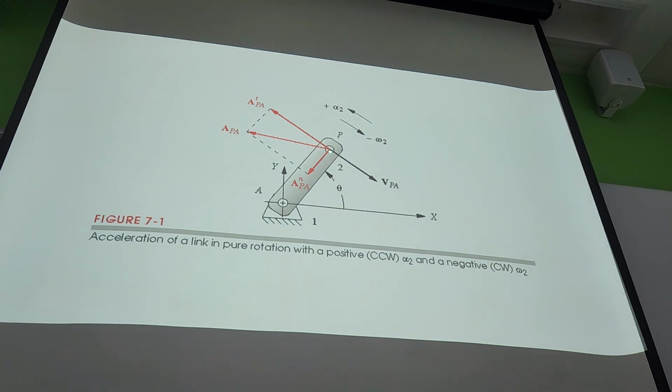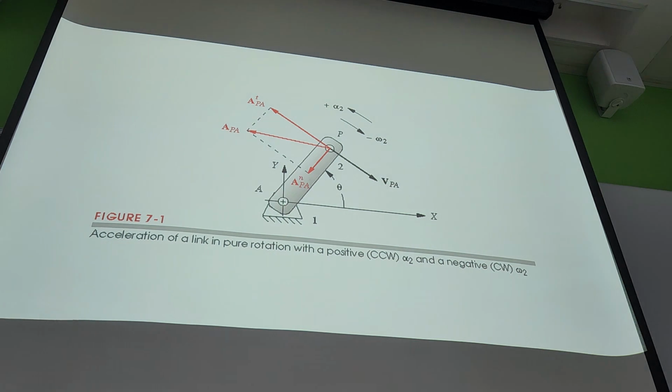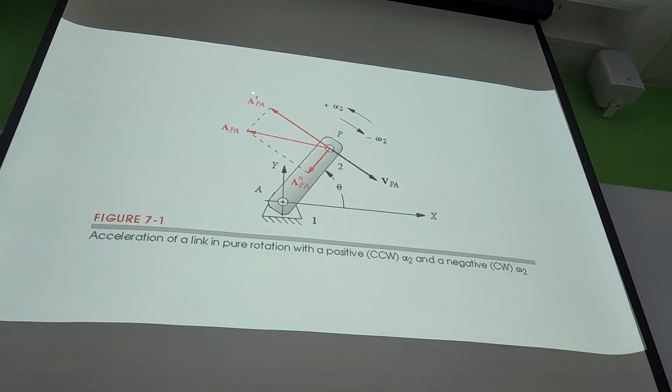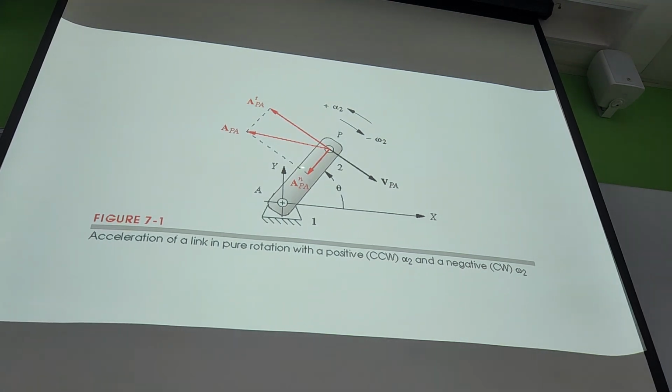Now consider this is the point P, and you are referring this point P to A. So the acceleration of the point P with reference to A has two components. One is the tangential component and the other one is the normal component. The net acceleration will be the addition of these two vectors.